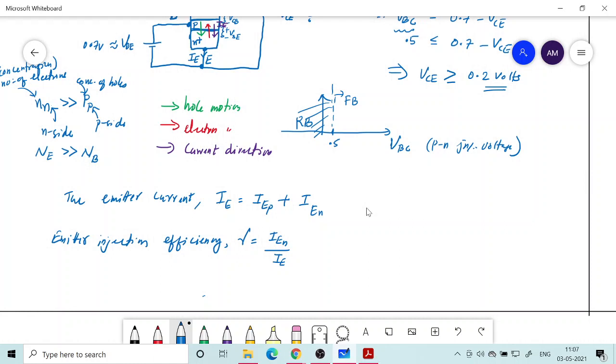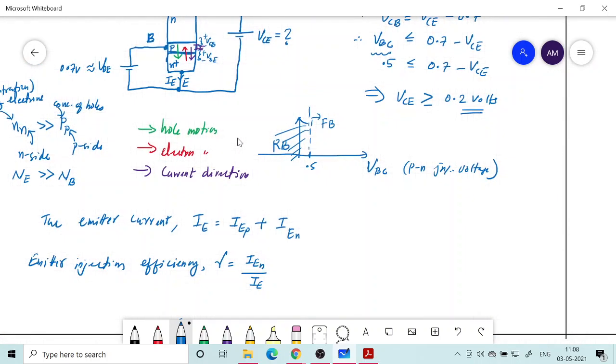When one hole diffuses from base to emitter, at least 100 or more, maybe 500, electrons are diffusing from emitter to base. So for a good BJT this ratio will be very close to 1. So that is emitter injection efficiency. Why it is important, we will see a little later.